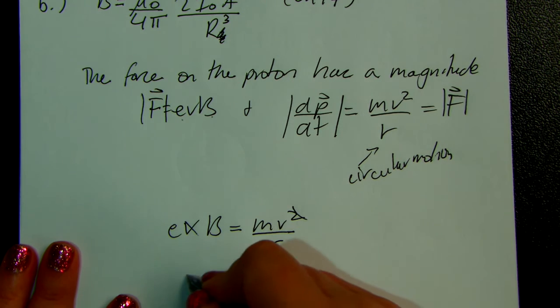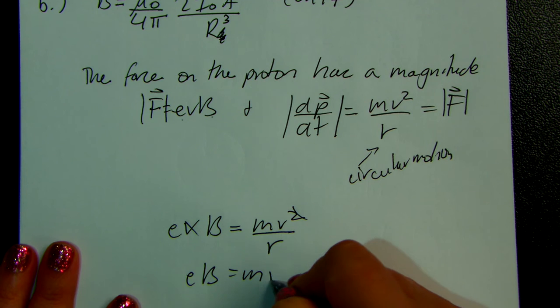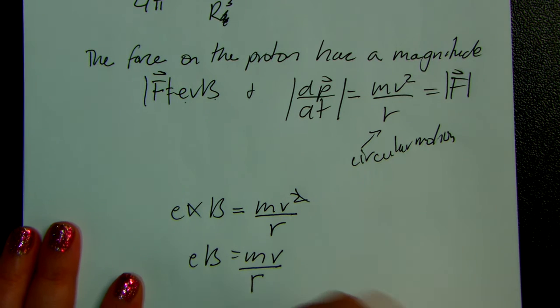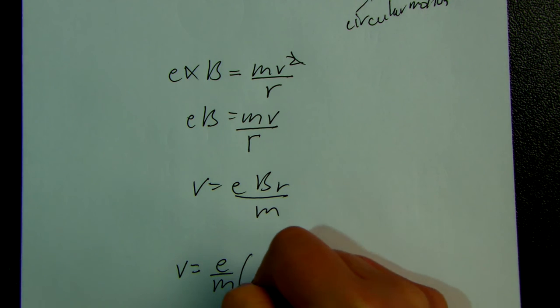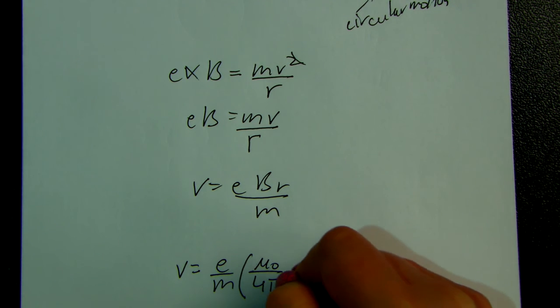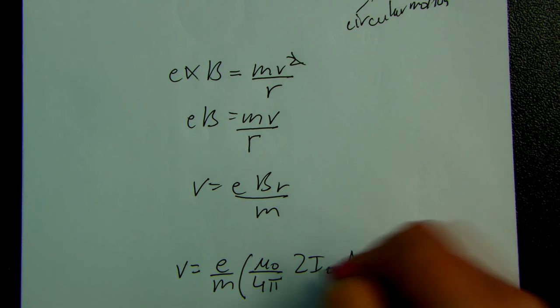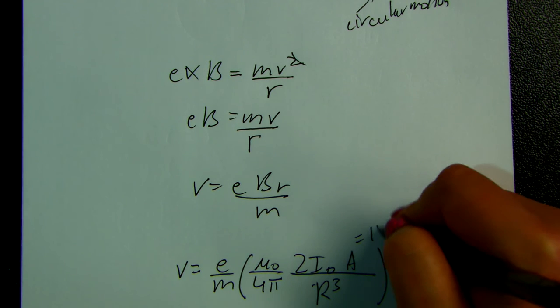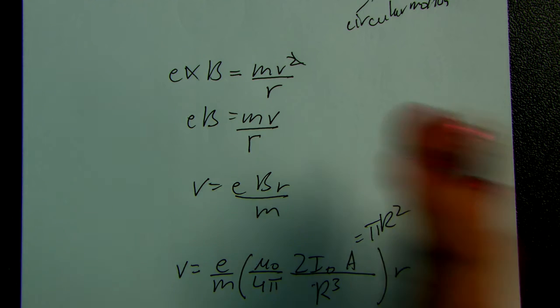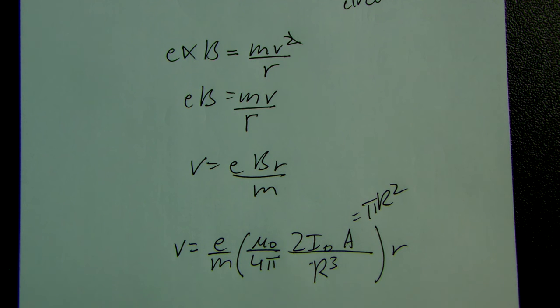V's on both sides, so eB is equal to mv over r. V is equal to eBr over m. So V is equal to e over m times mu naught over 4 pi times 2 I naught times area over big R cubed, times little r. And remember, area is just pi R squared. So now we've got velocity in terms of the known terms: R, I naught, little r, and m.